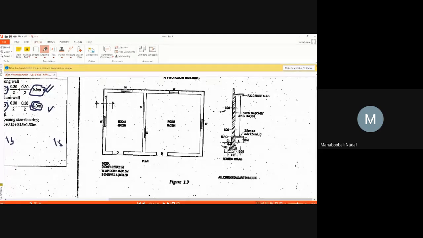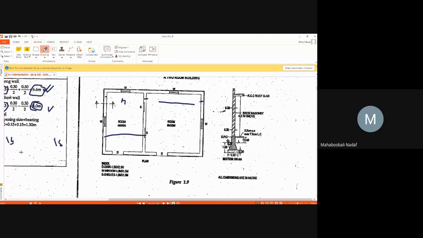0.3 by 2 plus 4 plus 0.3 plus 6 plus 0.3 by 2. I'll repeat: 0.3 by 2 plus 4 plus 0.3 plus 6 plus 0.3 by 2. Clear this step? 10.45, sir.